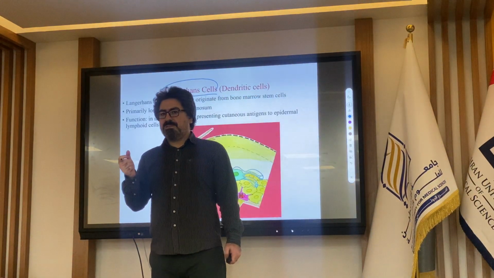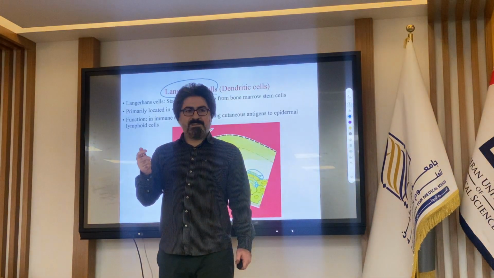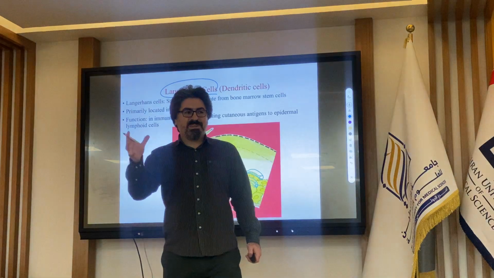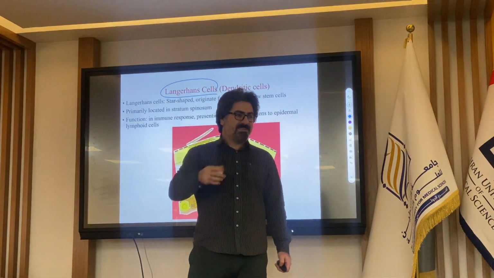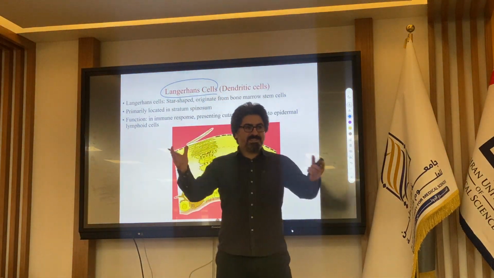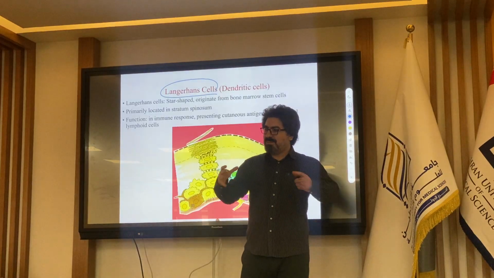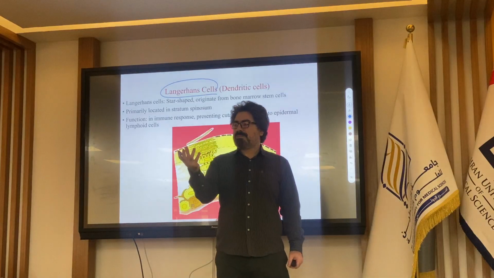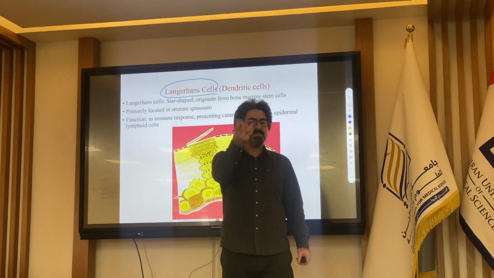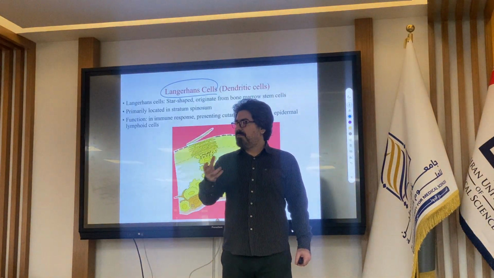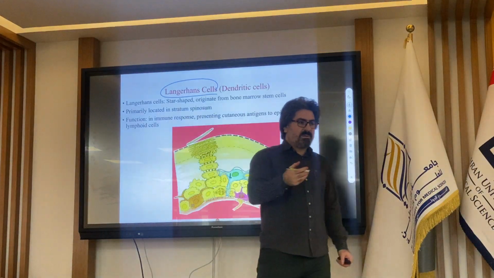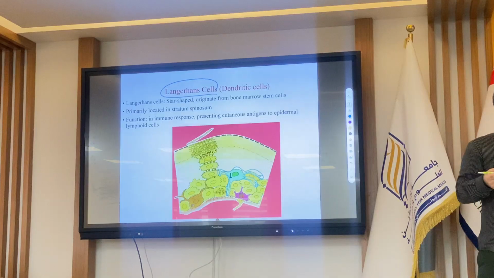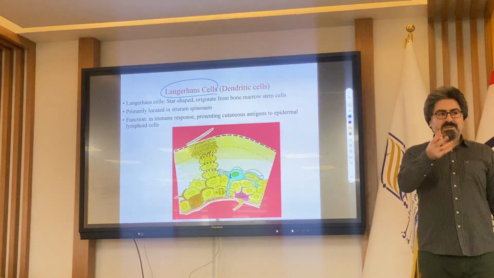What is antigen? Antibodies defend against antigens. Antigens are things other than the tissues of the body, for example bacteria. Some molecules on bacteria, molecules on viruses, mainly protein. You must study this in connective tissue.